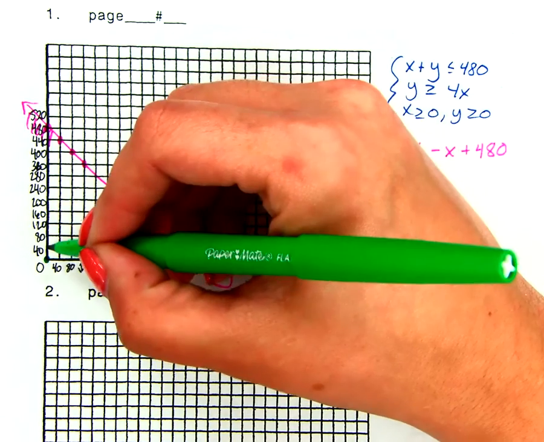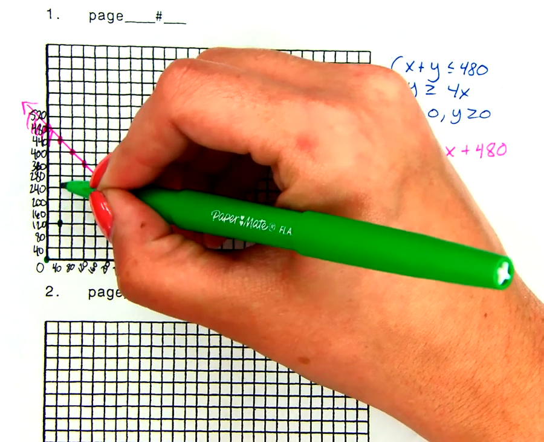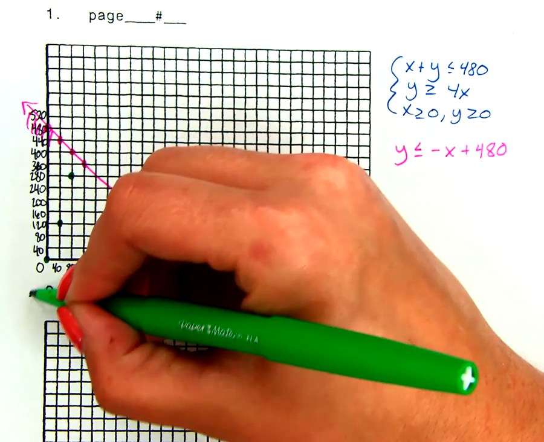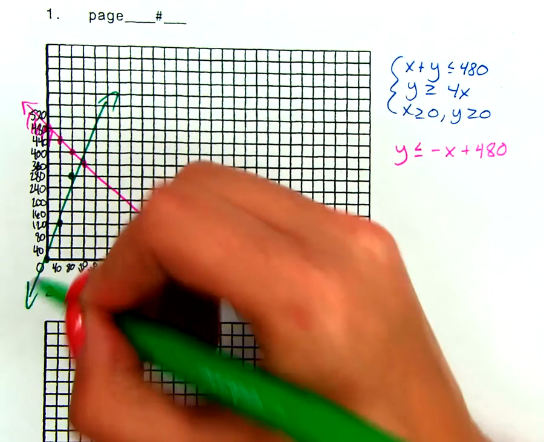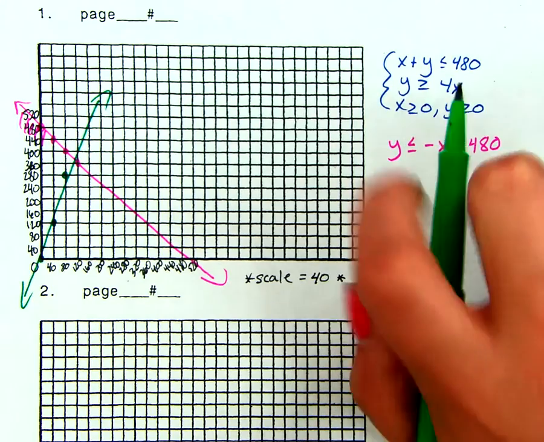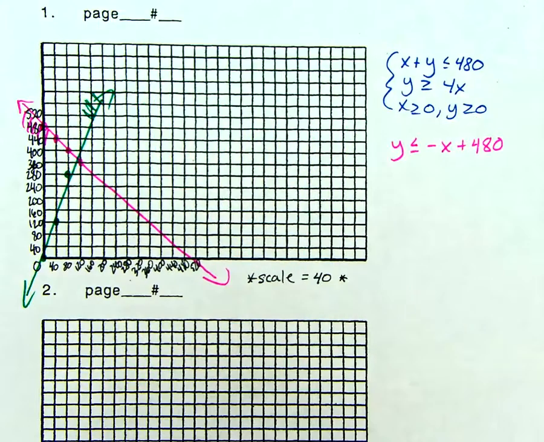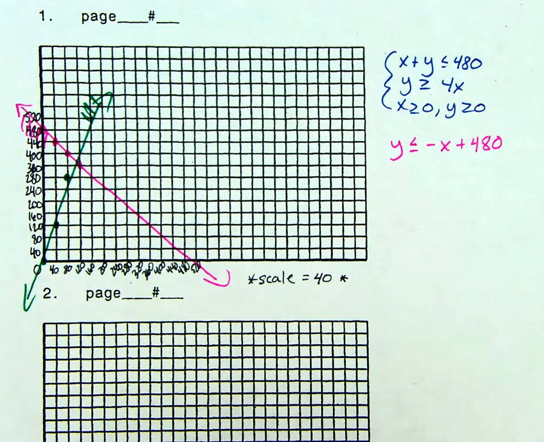So I'm going to go up 4 boxes, 1, 2, 3, 4 over 1, and connect those together. So this time we have to remember that we're shading above because it's bigger, so we're shading on this side of it. So we have to be above the green line, below our pink line. And remember, we can't be in the negatives because we're not allowed to donate a negative amount of money.